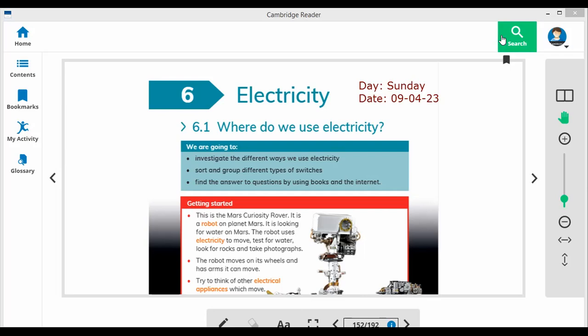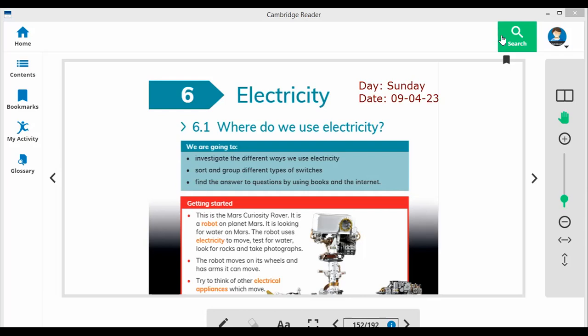Without electricity, we cannot communicate with each other. We cannot have light in the evening when the sun is down. If there is no electricity, we cannot see things. We cannot turn on the light. All the equipment and electronic devices use electricity to work.